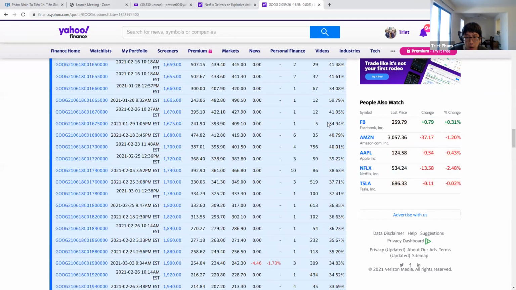I don't think so. First of all, the implied volatility is right here. I don't think there are zeros. But on my website there's zero. In my computer it shows zero.